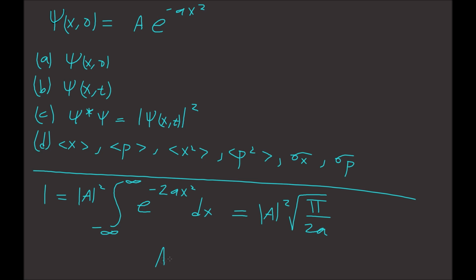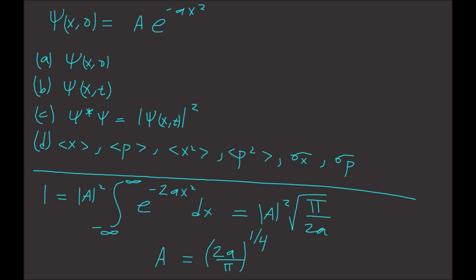Solving for A, we have the normalization constant equals the 4th root of 2a divided by pi. There you have it. This is the first part of the question.